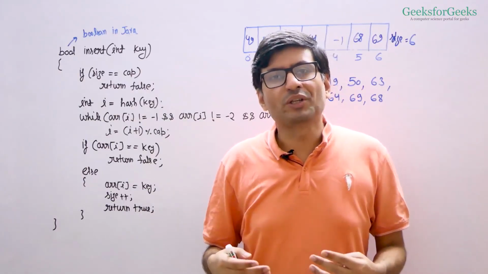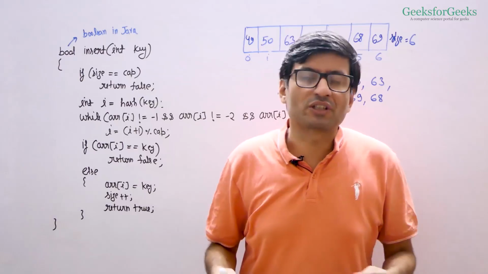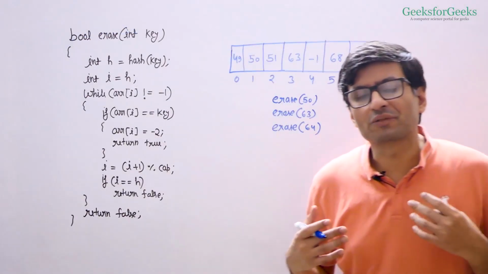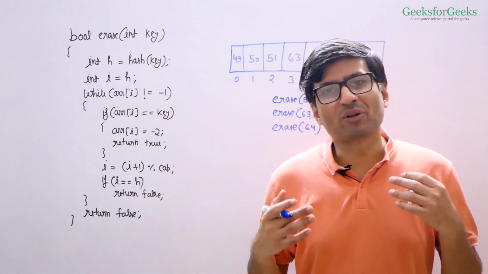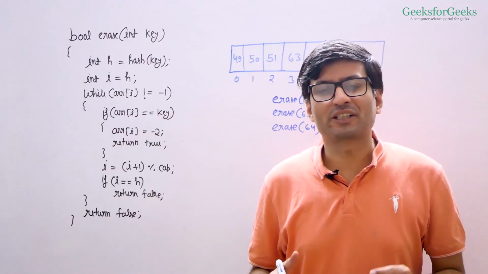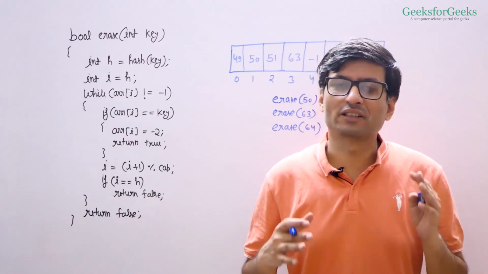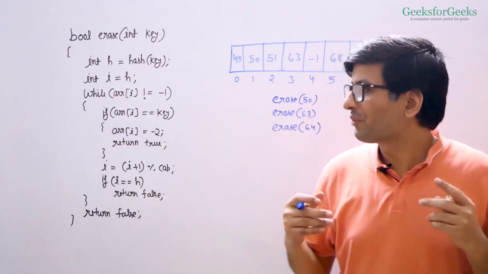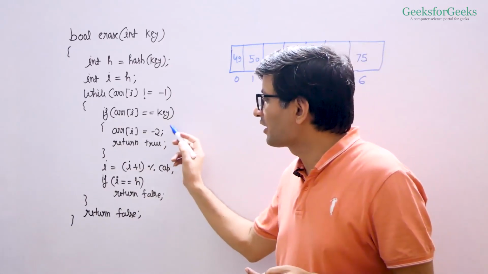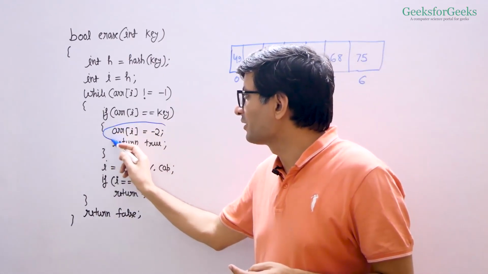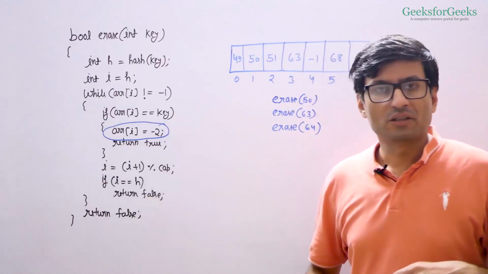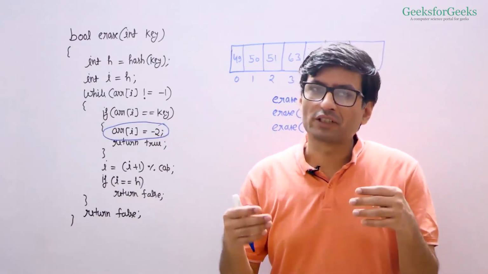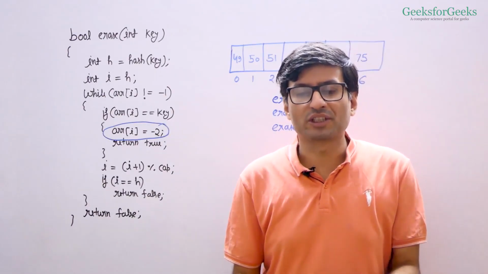Now please pause this video and try to write down erase function yourself. Here is implementation of erase function. If you take a closer look at it, you can notice it's almost same as search function. The only extra added line is this one. In erase function also, we first compute the hash for the given key.